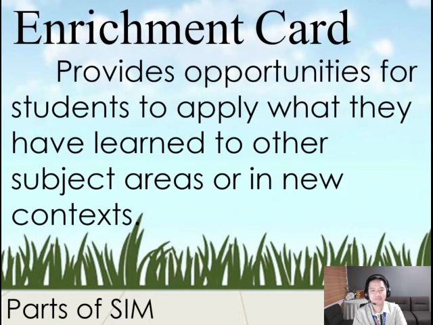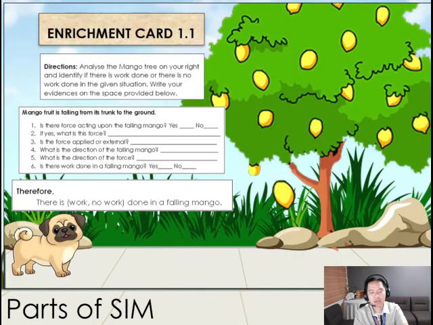Enrichment card. It provides opportunities for students to apply what they have learned to other subject areas or in new contexts. Here, I provided them a simple scenario that probably will help them increase their critical thinking. We have here a mango tree, and a mango falling from a mango tree.